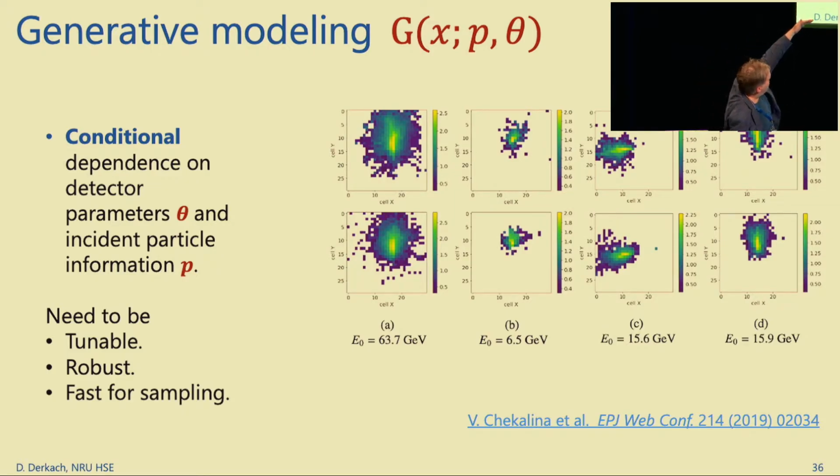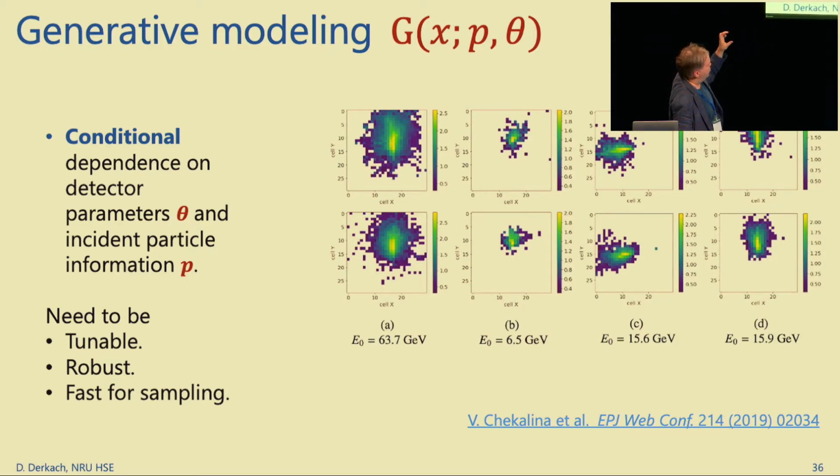And on the right you see the figures. On the top there is a figure of what a real-life particle looks like. On the bottom row you can see a figure of what was imagined by the generative adversarial network. So this looks more or less very close.